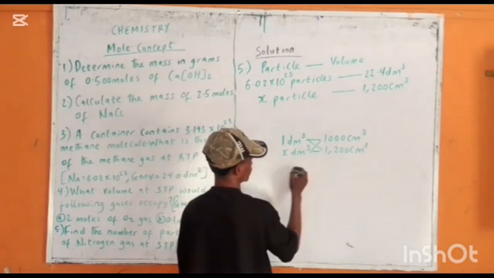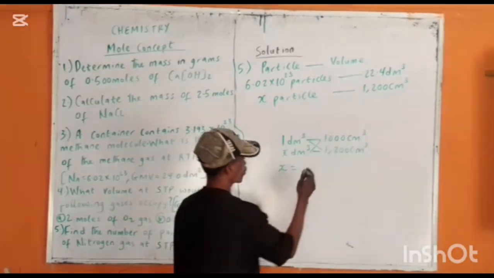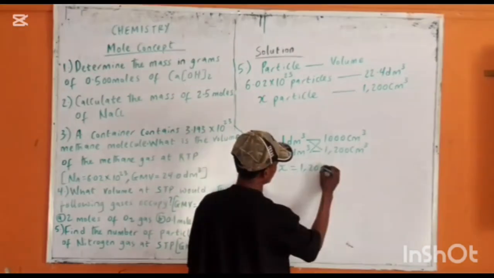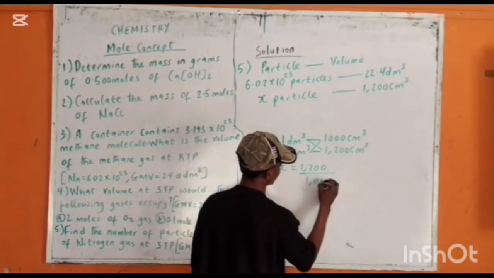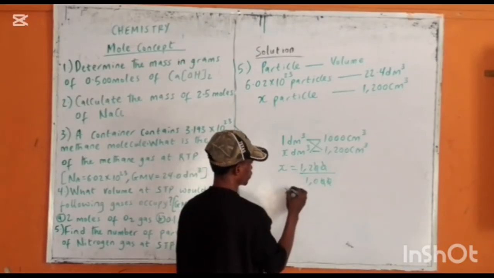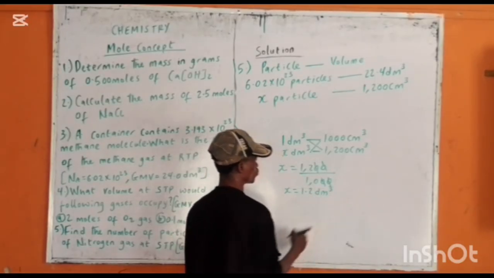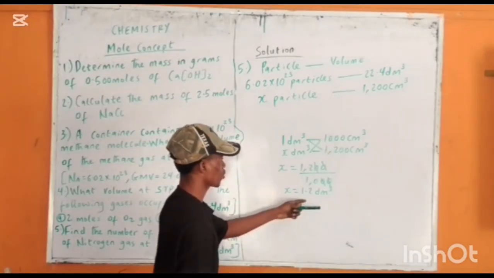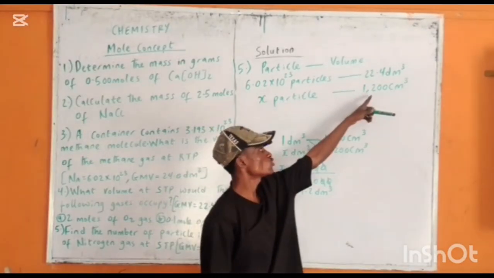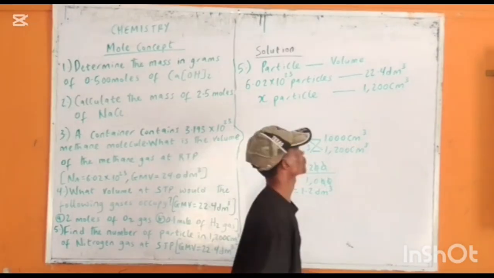Cross multiply. My x equals to what? 1200 over 1000. 0 cancel 0, 0 cancel 0. So our x equals to 1.2 dm cube. So I'm having 1.2 dm cube instead of 1200 cm cube.